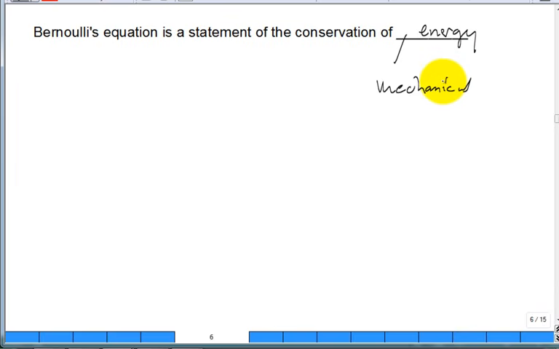Mechanical energy. But you can have different forms of mechanical energy. True. That's why we had that. So the last two are the easy ones. The rho gz. You would say that's what type of energy? Potential. Gravitational potential energy. That is a pure mechanical form of energy.